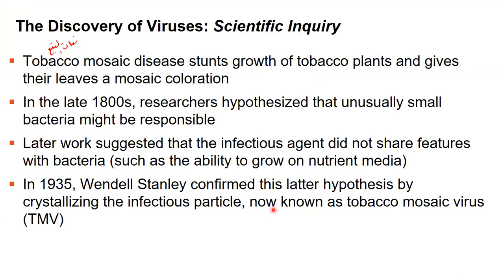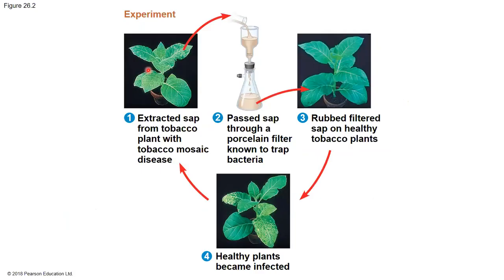So Adolf Meyer, in 1983, was doing experiments on tobacco plants with this disease. And he showed that he could transmit this disease. So this is how the virus affects the plants.